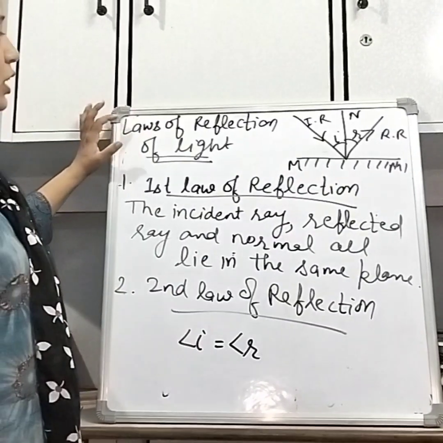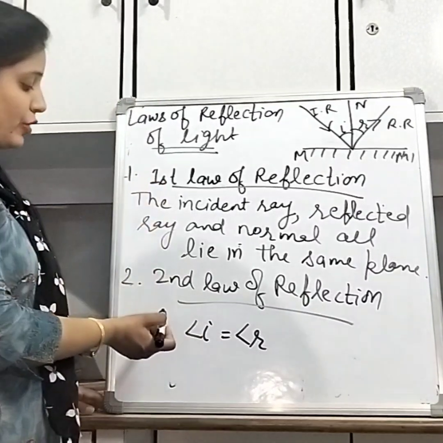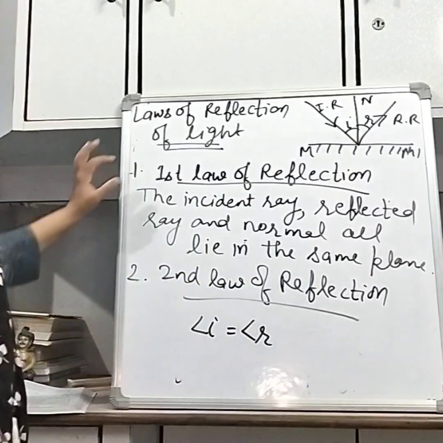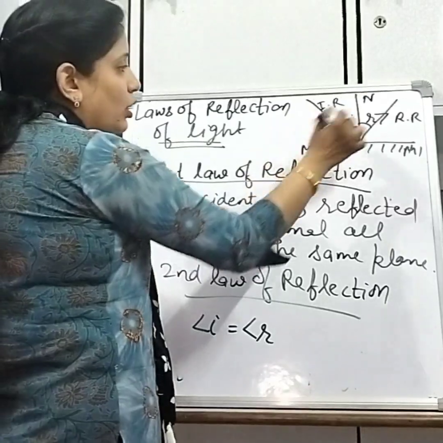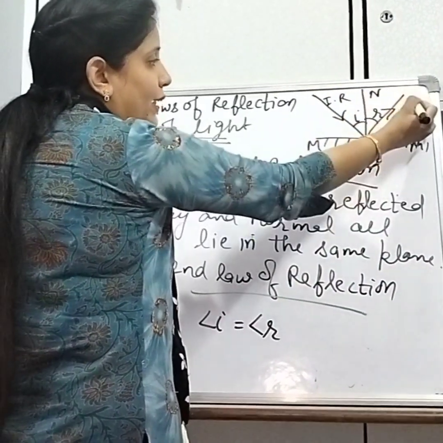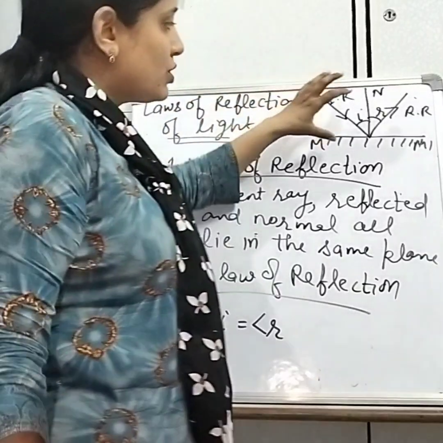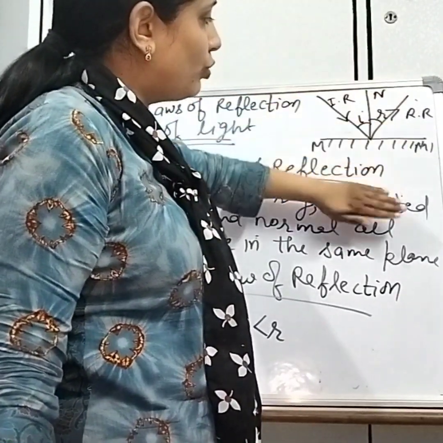Now we will discuss the laws of reflection of light. There are two laws of reflection. According to the first law of reflection, the incident ray, normal and reflected ray all lie in the same plane, the plane of the board.